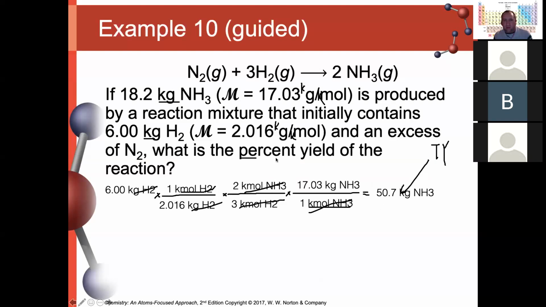To calculate the percent yield, I need to take what we actually got divided by this theoretical yield, times 100%.